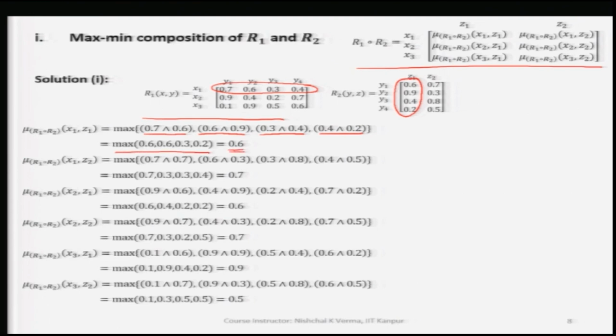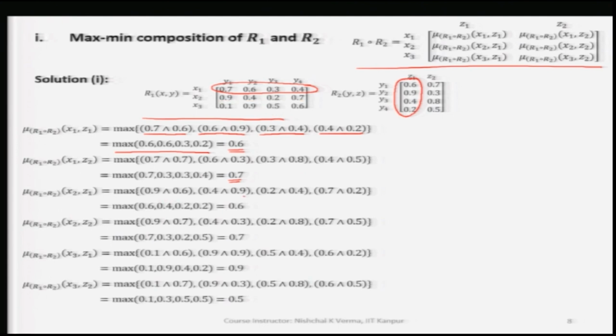Likewise, as we have taken the first row of R1 and the first column of R2, now we take the first row of R1 and the second column of R2. When we do that, we find 0.7 after taking max-min. Then similarly we pick the second row of R1 and the first column of R2.